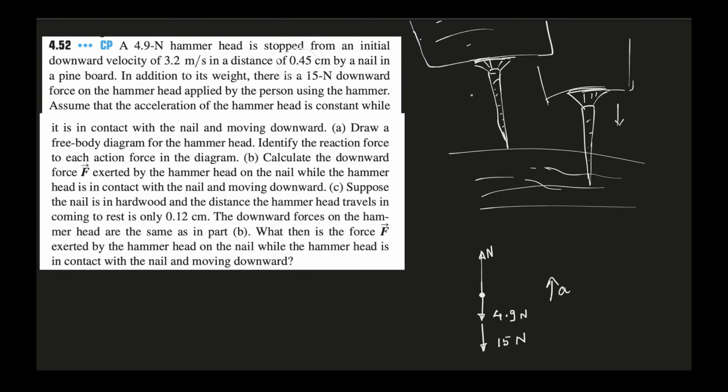Okay, so that's good. So can we find acceleration by some method? You can see initial velocity is 3.2 meter per second. So v0 is 3.2 meter per second, and final velocity is 0, and it travels a distance of 0.45 into 10 power minus 2 meter.